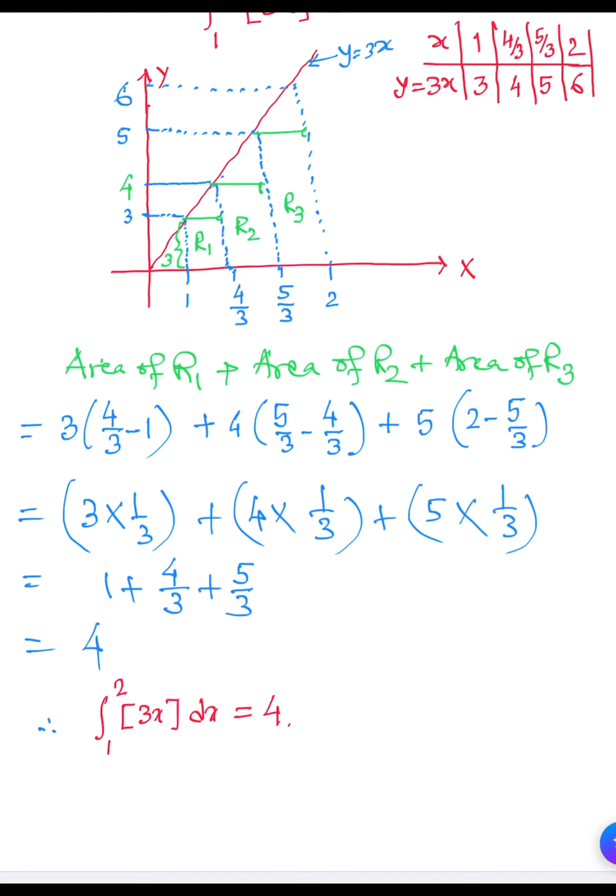Now move to the second problem: the integral from 0 to 2 of the greatest integer of x square dx. Method 1. Let y equal x square.